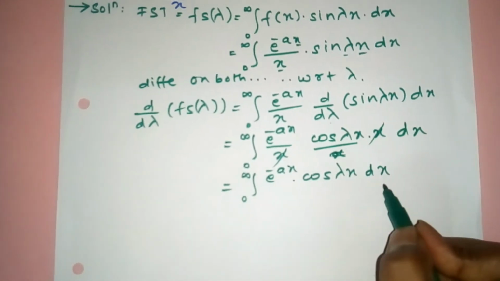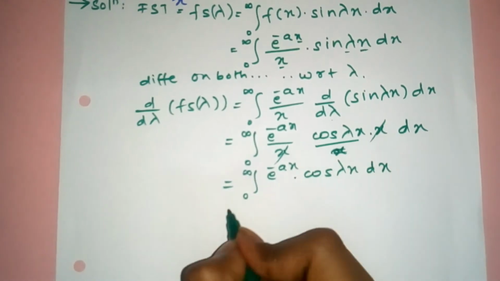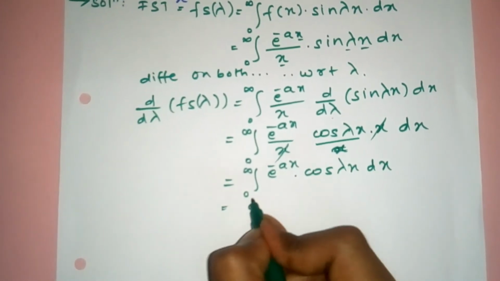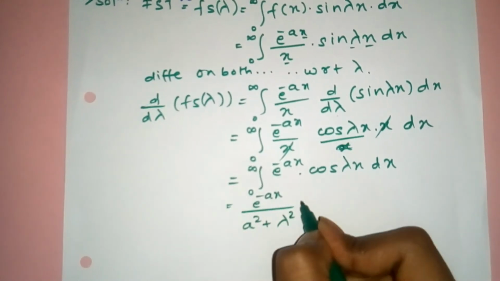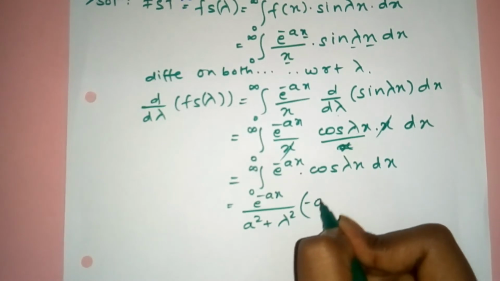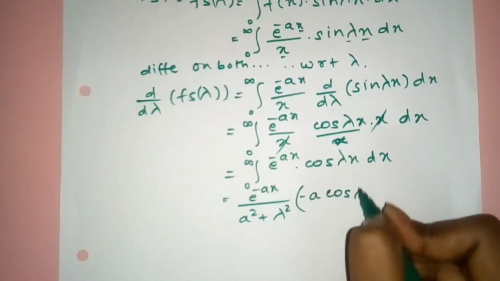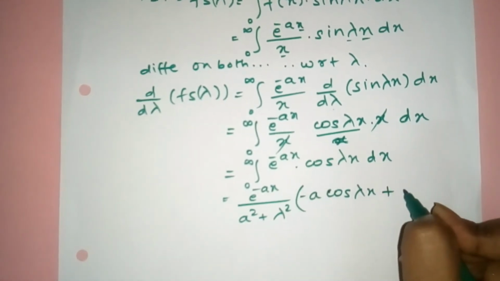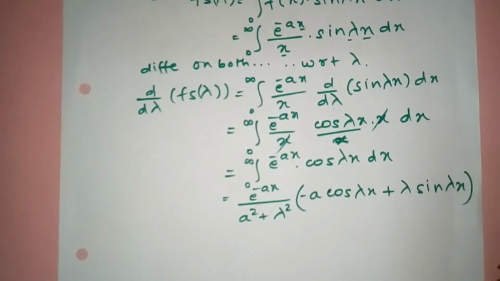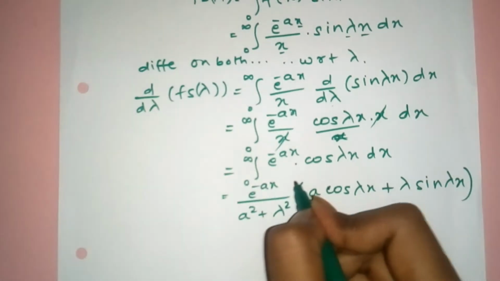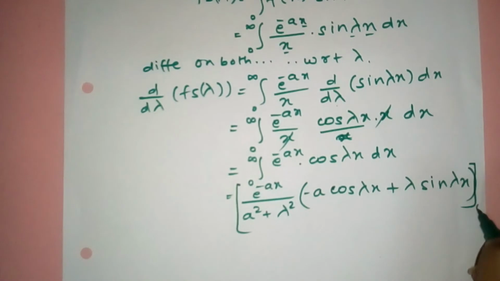Now if you remember, this is the formula of e raised to ax into cos lambda x. The answer to this is e raised to minus ax upon a square plus lambda square into minus a cos lambda x plus lambda sine lambda x. So this is the formula, and the limits are from 0 to infinity.